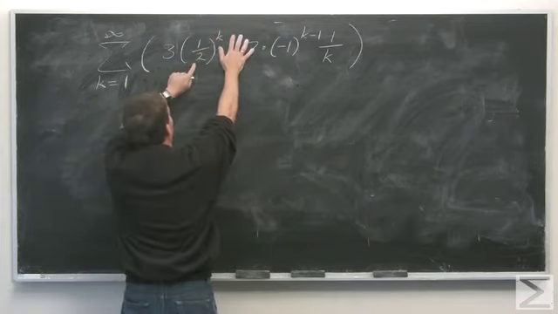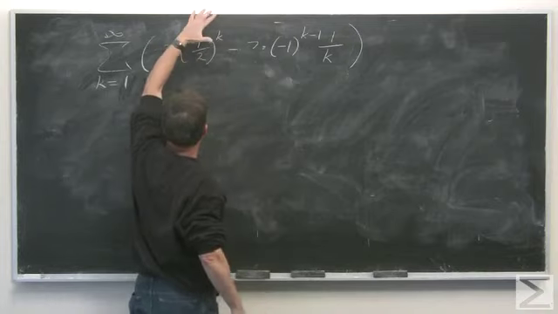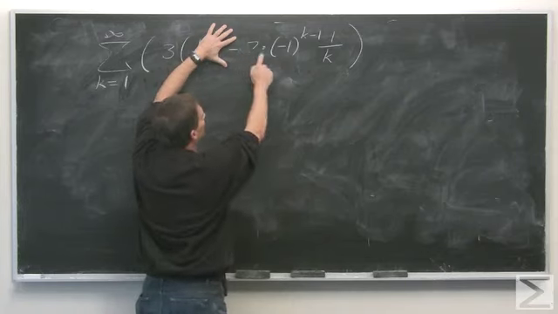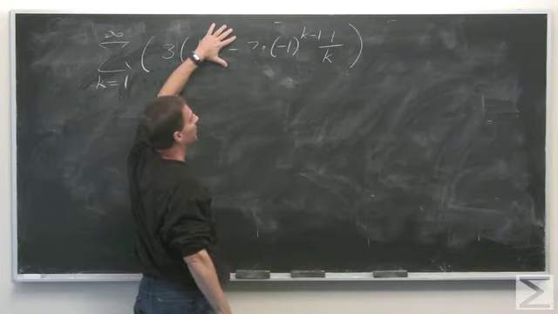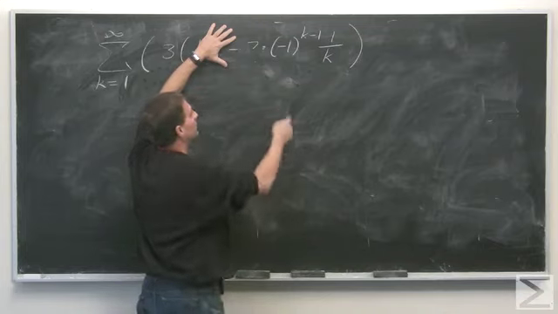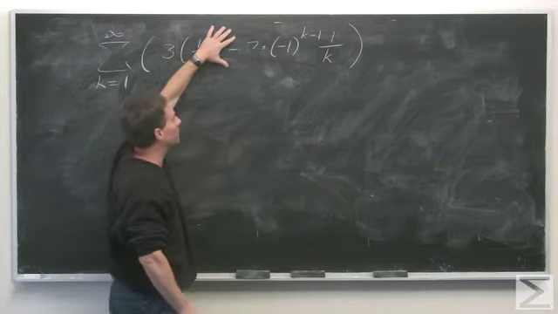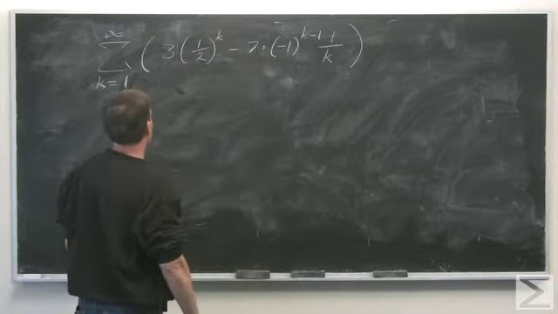Yes, it's geometric with r equals 1/2, which has absolute value less than 1, so this series converges. Does this converge? Yes, because it's minus 7 times the alternating harmonic series. And we know the alternating harmonic series converges, so minus 7 times it converges, because the c here is minus 7 from the last theorem. So yes, this converges. And what does it converge to?